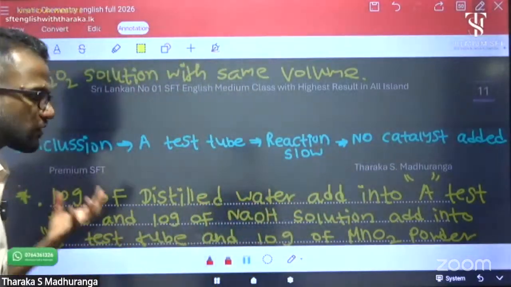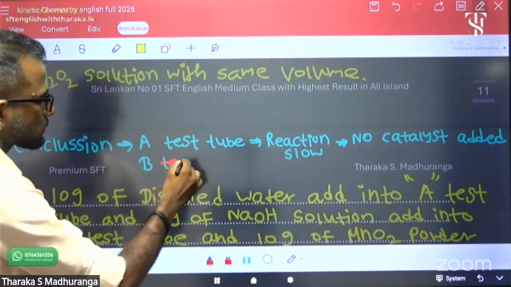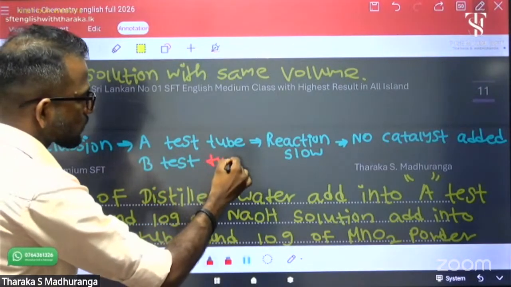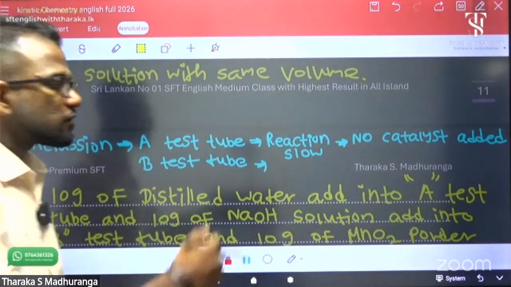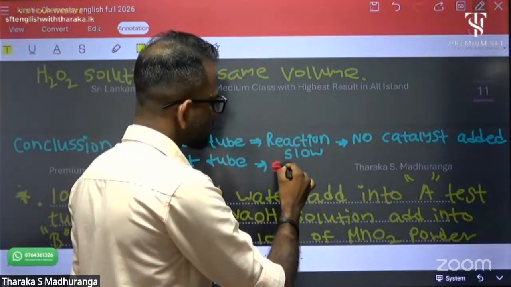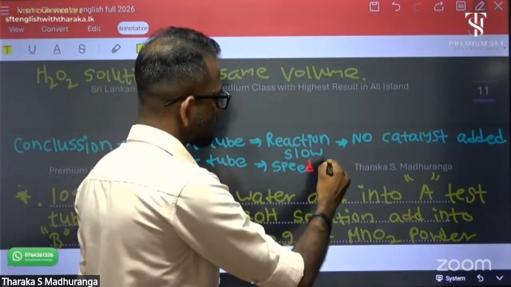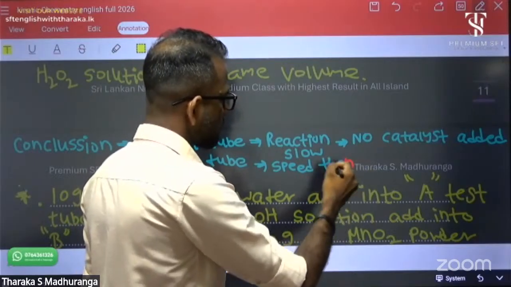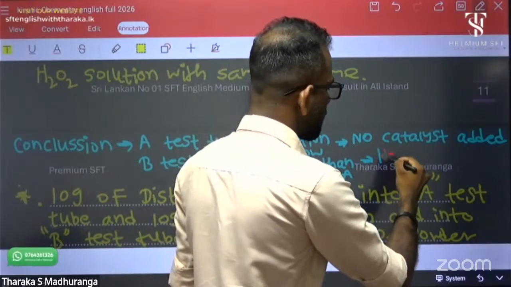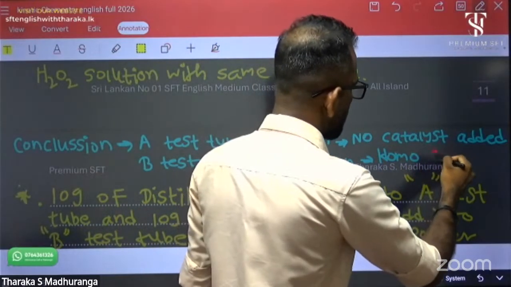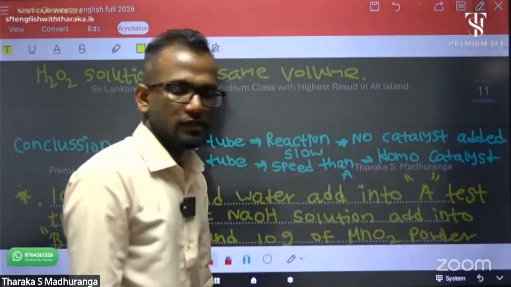Right? That's the reason, no catalyst was used. B test tube: its speed is greater than A. What's the catalyst? Homogeneous catalyst. Added homogeneous catalyst.